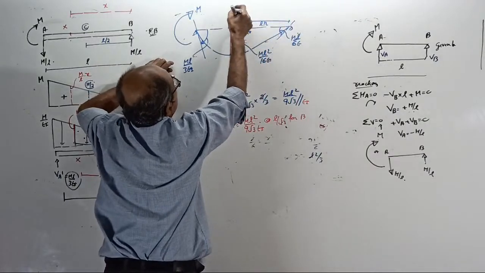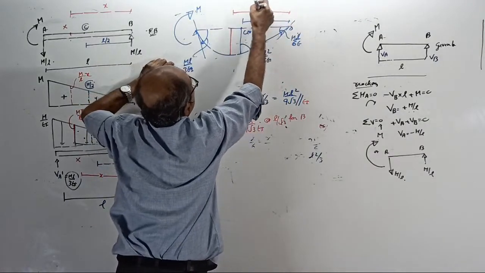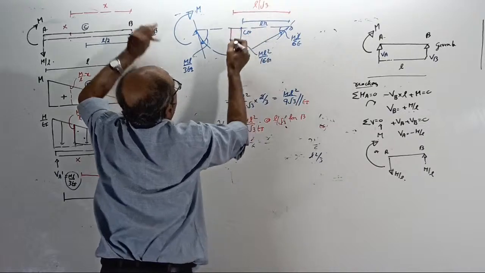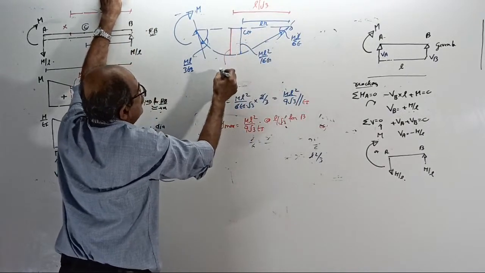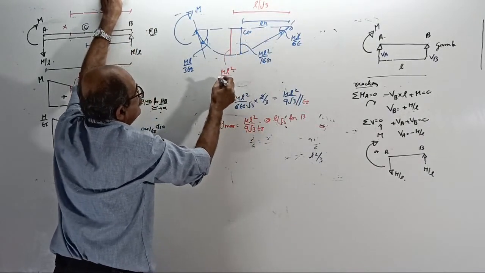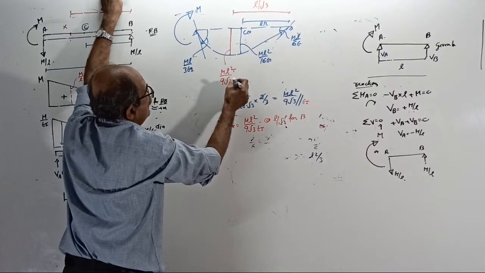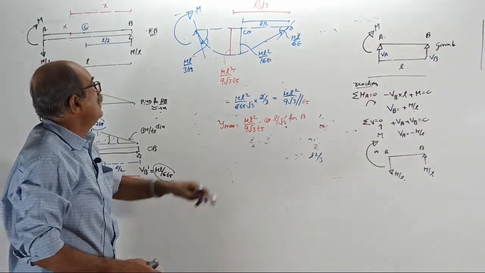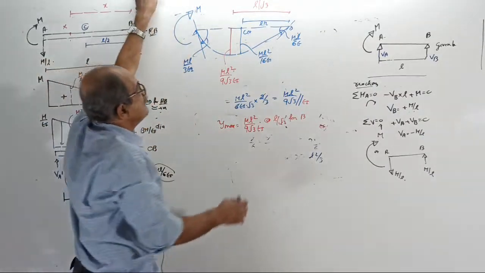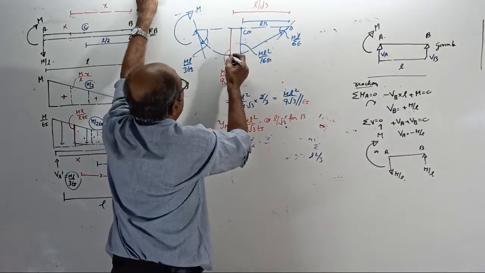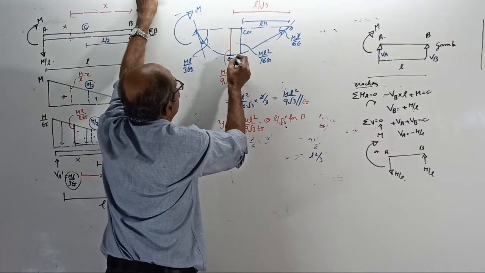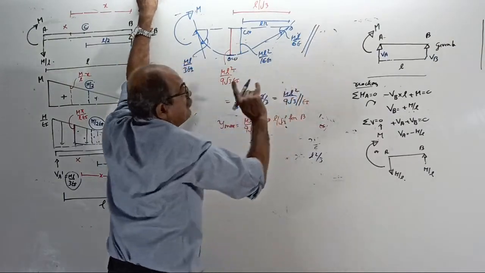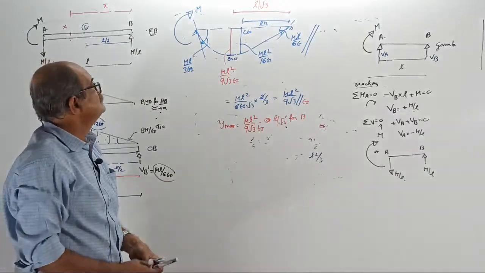From the other side, the distance is L by root 3, and that maximum deflection is ML square by 9 root 3 EI. Remember, 1 by 16 is 0.0625. This is 0.064. Remember now? So this is more. Here, slope equals 0. So never memorize left side, right side.